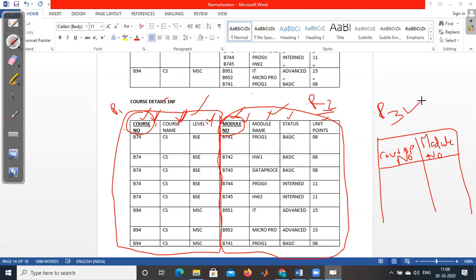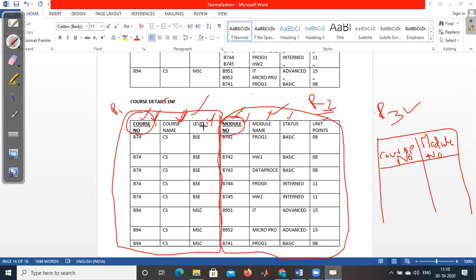Okay, so check, is there any partial dependency? Relation R1, what is the key attribute? Course number is the key attribute. If you know the course number, you can get the course name and course level. So course name and course level depend on course number only.